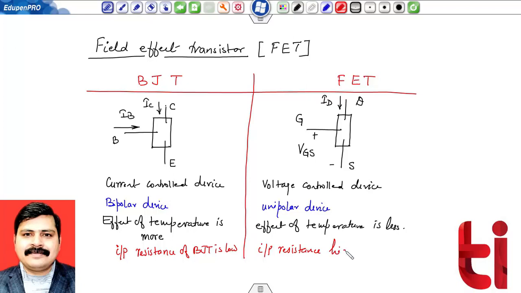The input resistance of FET is high, typically from a few mega ohms to a few hundreds of mega ohms. So this is the basic difference between the two devices, BJT and FET.